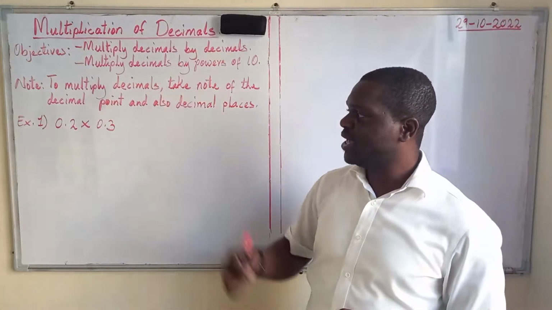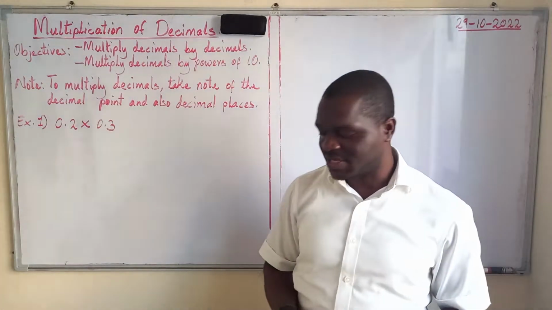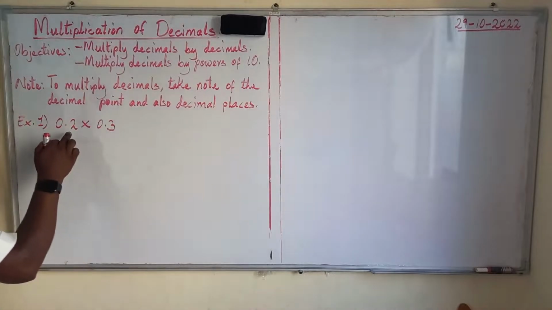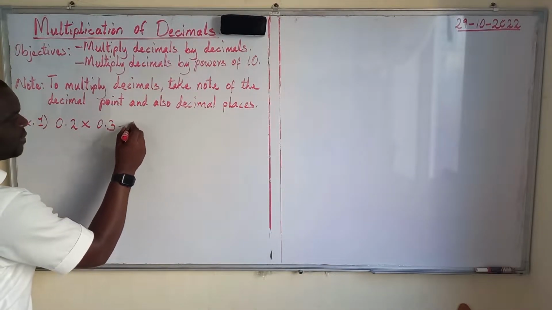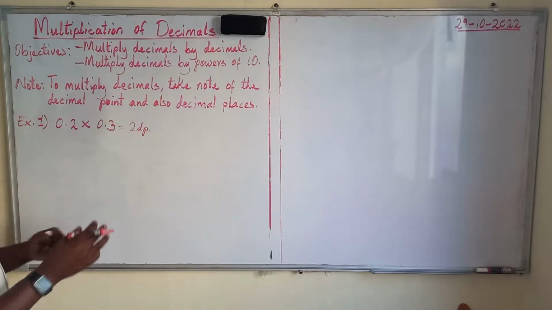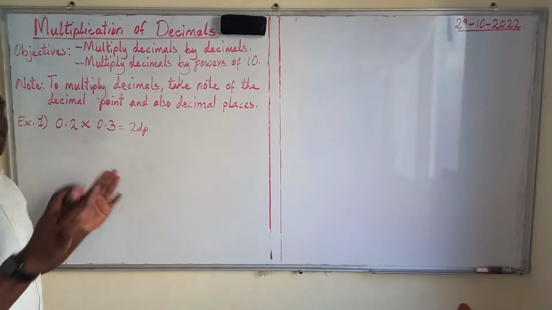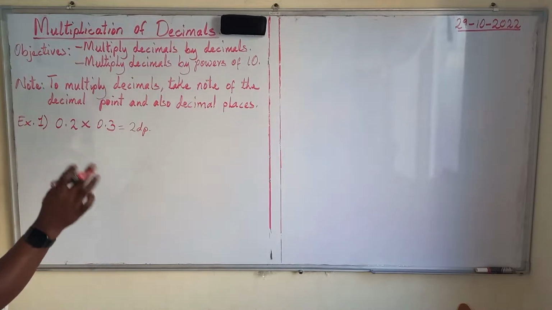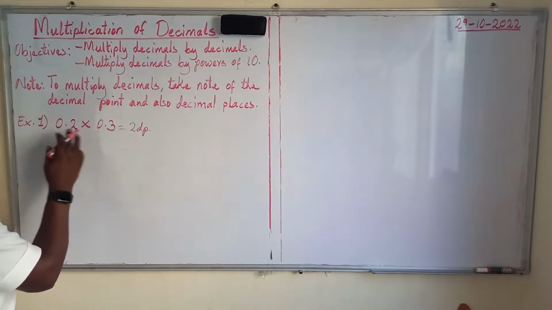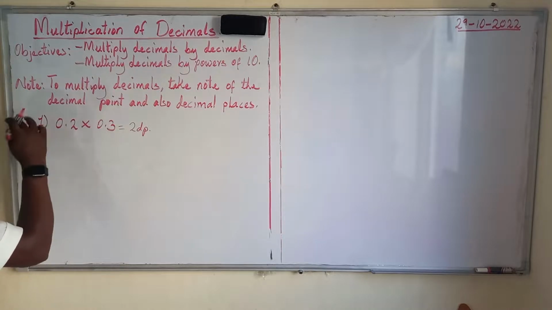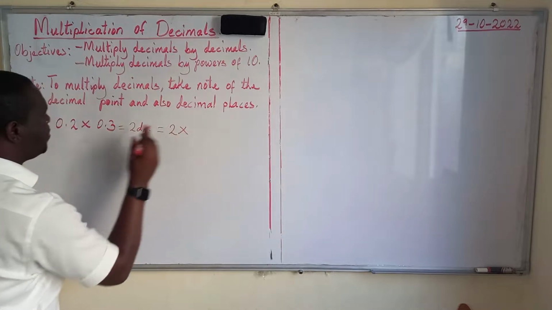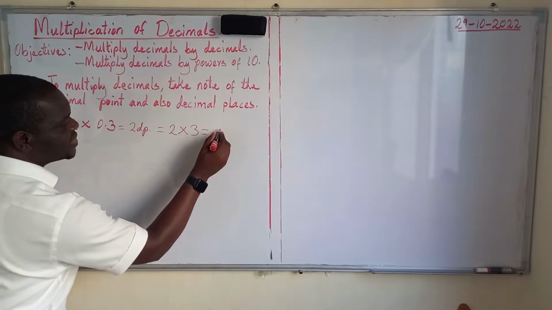As we have mentioned earlier, what you have to do as far as this is concerned is to count the number of decimal places, and here we have 1 and 2, so there are 2 decimal places. Once you take note of this, you can multiply the number normally as if they were whole numbers. And to take whole numbers out of this, you take only the significant figures. So this 0 is taken off, this one is taken off, and we have 2 multiplied by 3, which will give us 6.